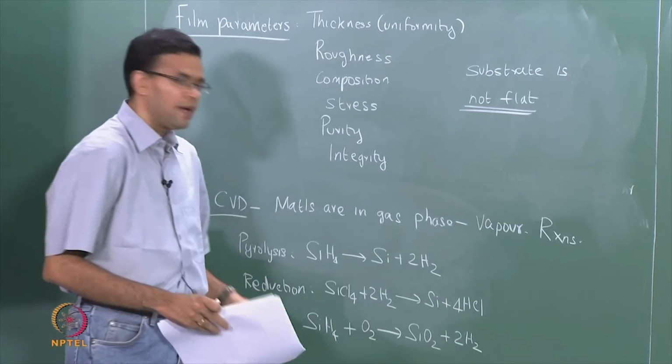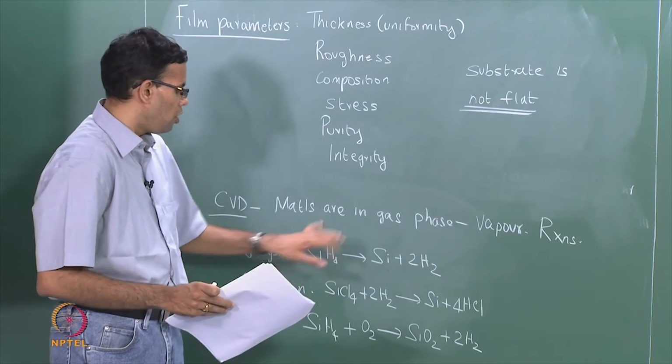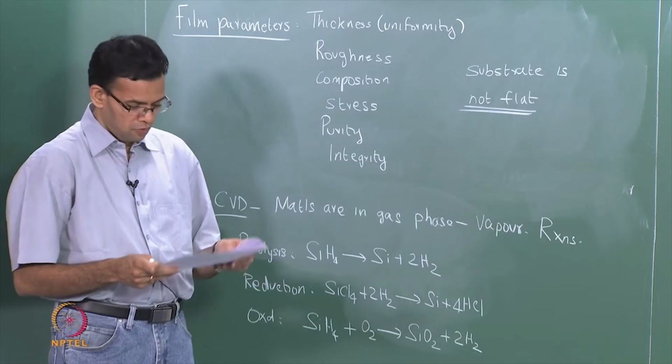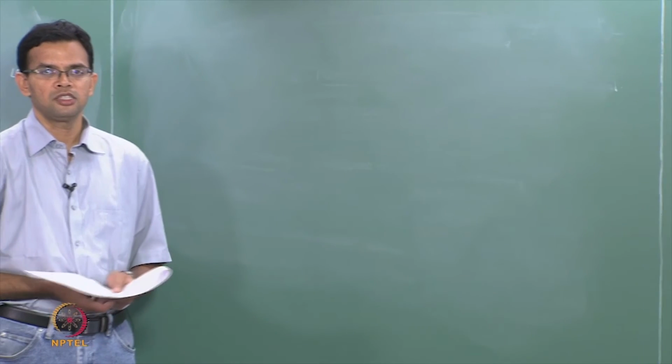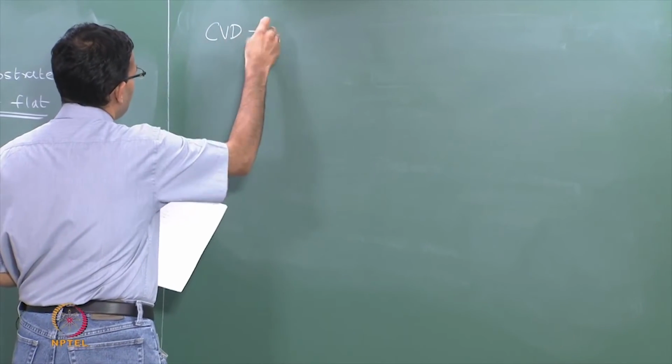You can write a similar reaction for nitridation and so on. In all of these, the material that is formed is deposited onto the wafer. So there are many variations to the CVD process. We won't go into them in detail.